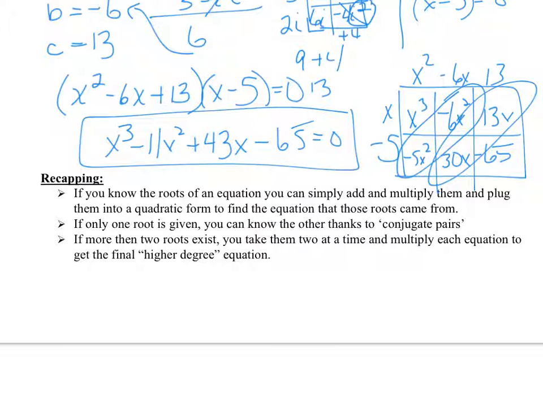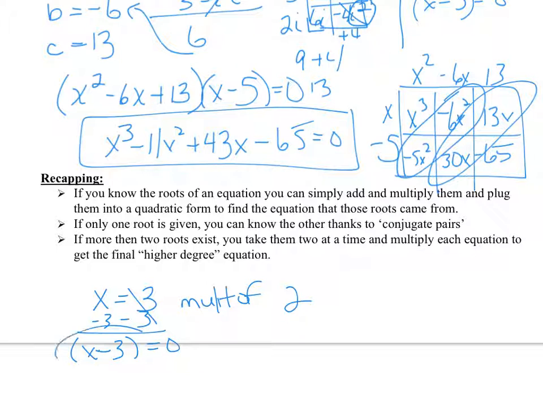One last thing I do want to say: if we have a multiplicity, so if I say x equals 3 with a multiplicity of 2, all that means, and we're going to talk about this tomorrow in class, is the factor that we're talking about, x minus 3, happens twice.